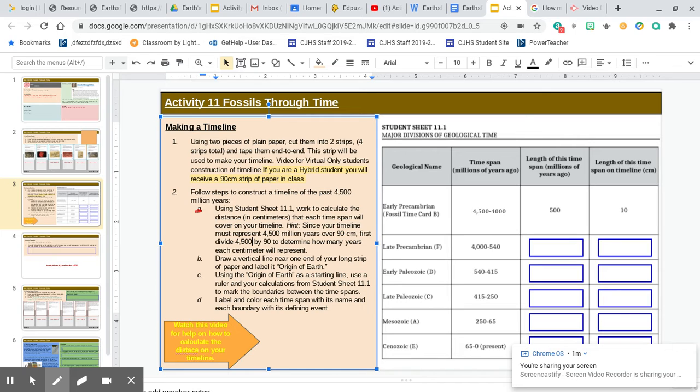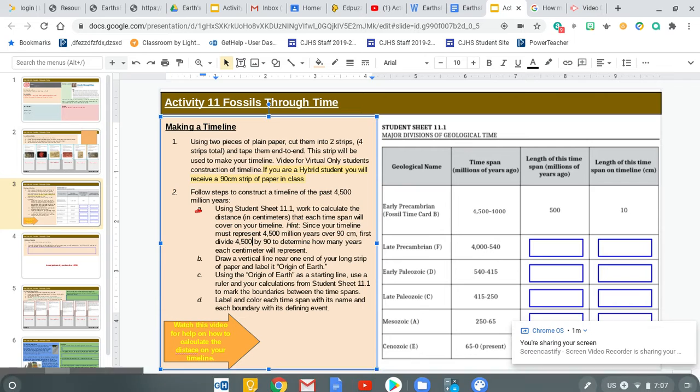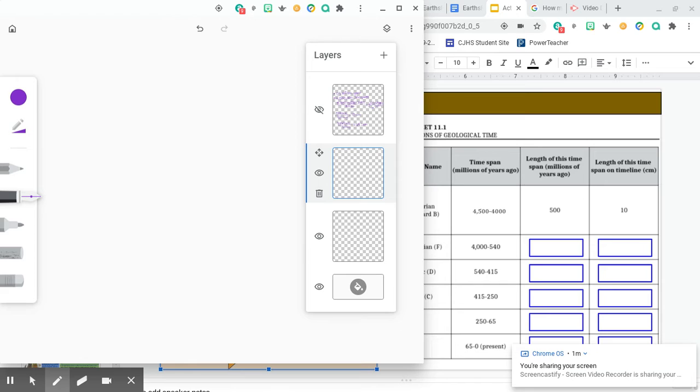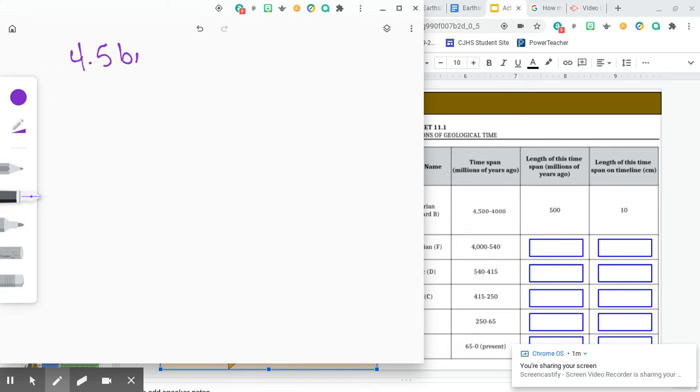And that took 4.5 billion years, or another way we can say that is 4,500 million years.